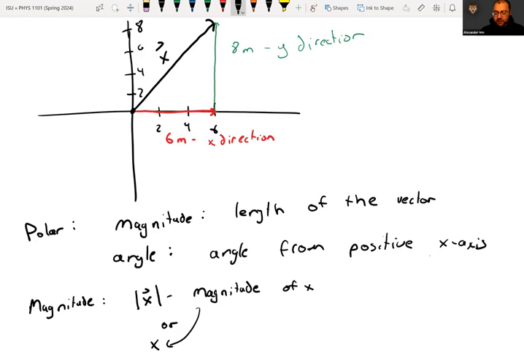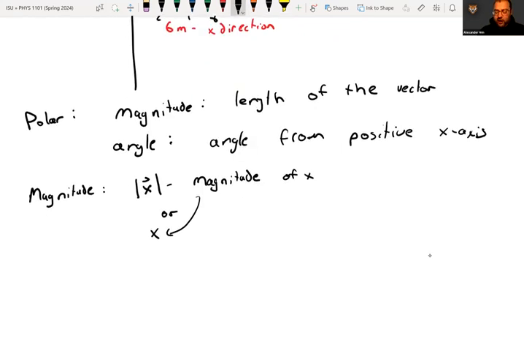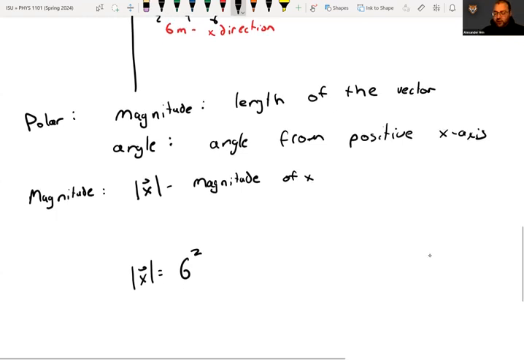So I'm going to leave that alone for now, and I'm just going to say the magnitude of x. And basically, in order to find that, that'll be 6 squared, so that's the x component squared, plus 8 squared, the square root.